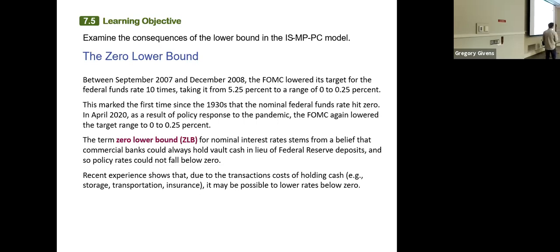Well, there are certain costs, Jameson, of holding large quantities of reserves in the form of vault cash, okay? Imagine you had $50 million in reserve balances and you liquidated it from your holdings at the Fed and tried to shovel it into your vault. You're going to start to pay some more costs associated with that.